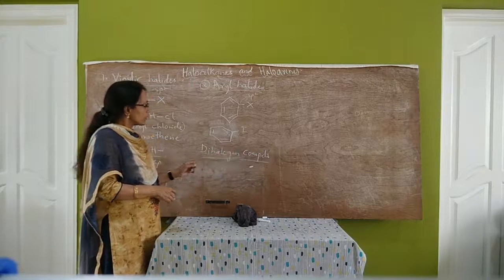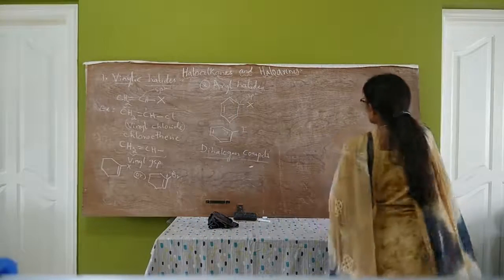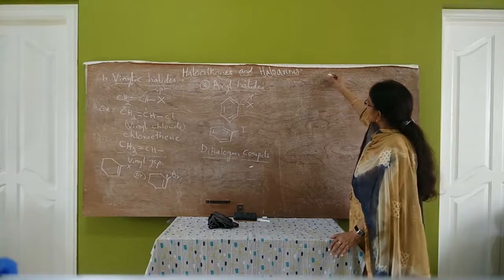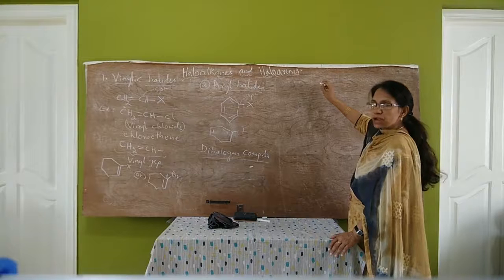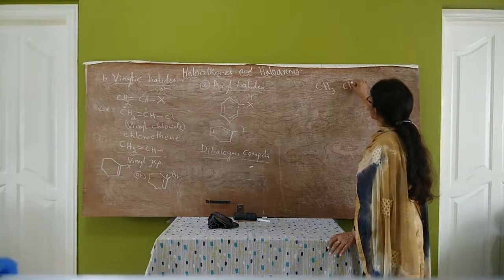So in these compounds, two hydrogen atoms are replaced by two halogen atoms, so they contain two halogen atoms. Let us consider ethane, CH3-CH3.